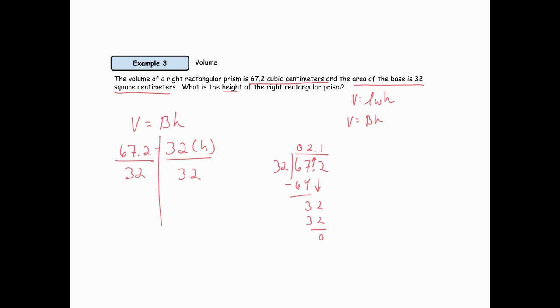So I know that 67.2 divided by 32 is 2 and 1/10. So 2.1 equals, and if you were to look over here, I see a 32 on the top and a 32 down below. They factor out. The only variable that we're left with is our letter h. So h equals 2.1. So the height is 2.1 centimeters.